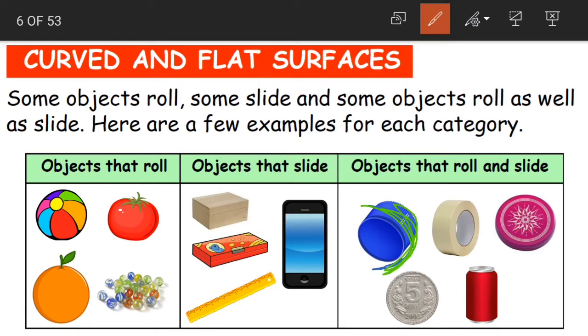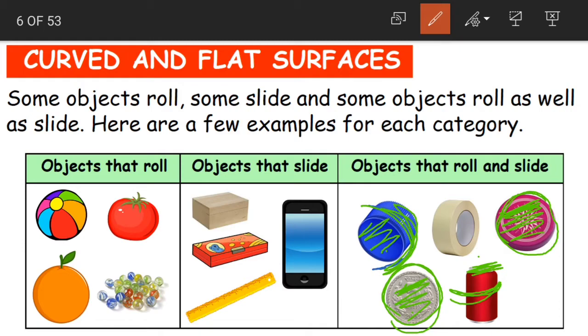This is the curved surface and this on the top is the flat surface. Even for the carom striker, this is the flat surface and around it we have a curved surface. The same with the coin. The markings that we see are on the flat surface and the around part is the curved surface.